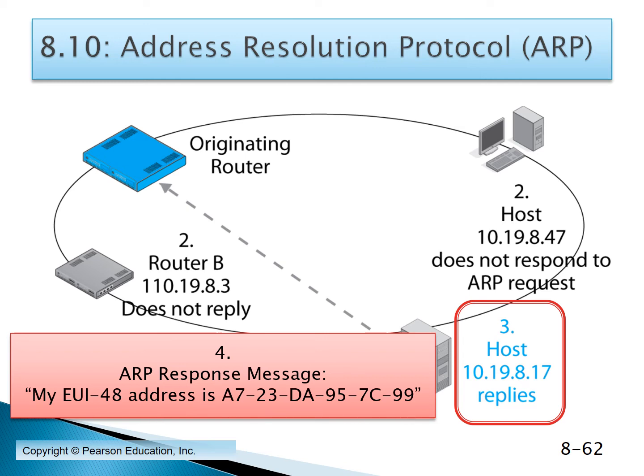Then the originating router will know, and you can put this into the frame for the message to be sent. So with ARP, you can broadcast the message and ask about the EUI-48 address of your next hop router or your destination, such that you can put it into your frame header.